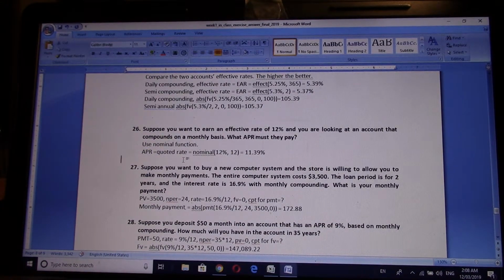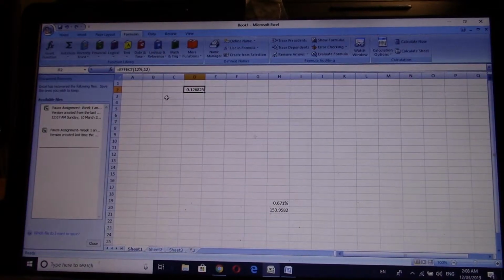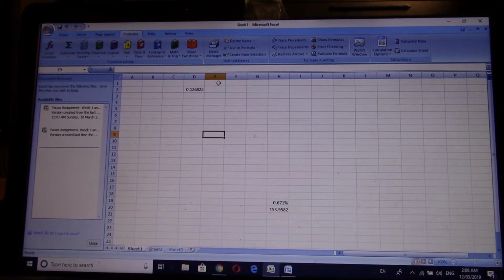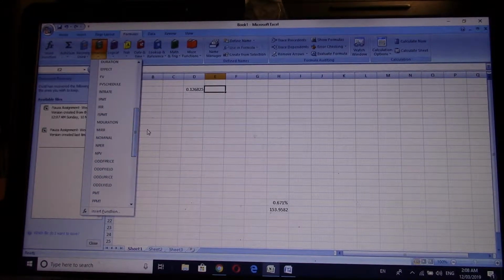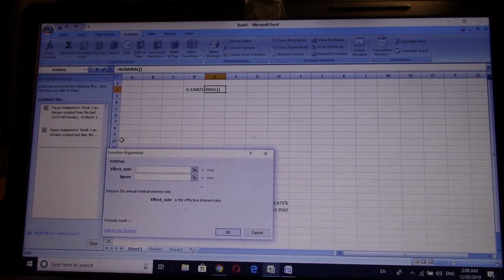APR is not a function, but NOMINAL is a function. So you use NOMINAL: go to formula, financial, NOMINAL. So you see effective annual rate 12%, and Nper is, because this is monthly, right?